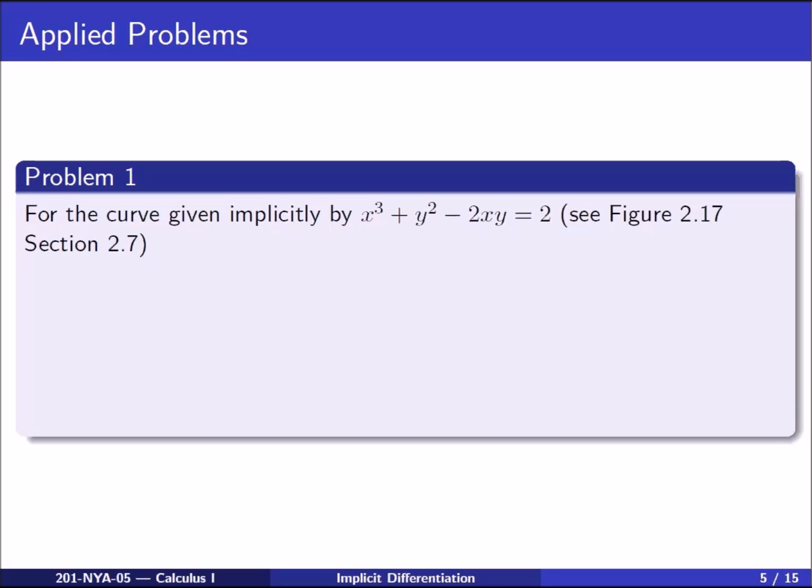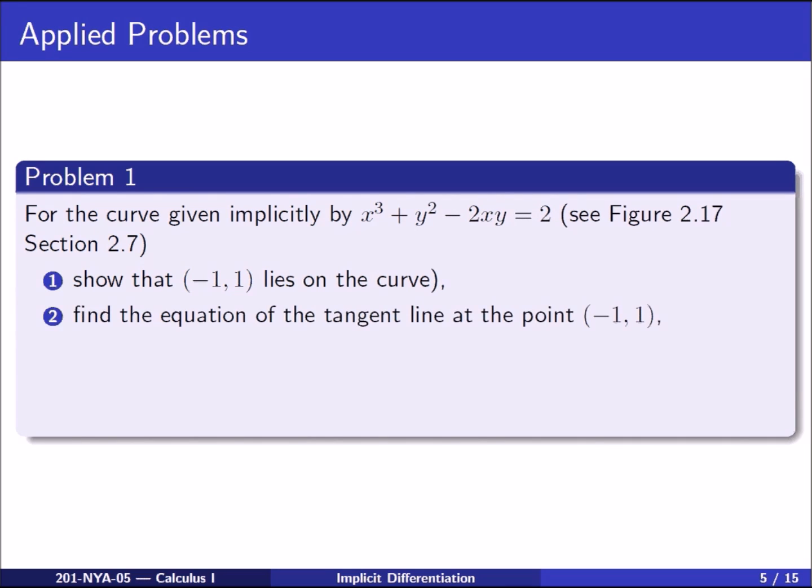We will look at a practical problem now which involves implicit differentiation. For the curve given implicitly by x cubed plus y squared minus 2xy equals 2, and that's a curve that appears in your textbook, we want to show that minus 1, 1 lies on the curve. We want to find the equation of the tangent line at the point minus 1, 1.